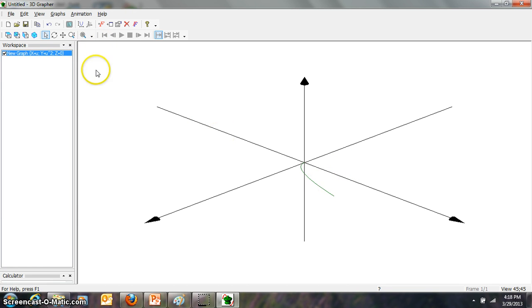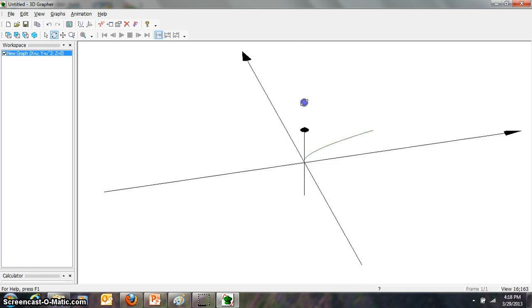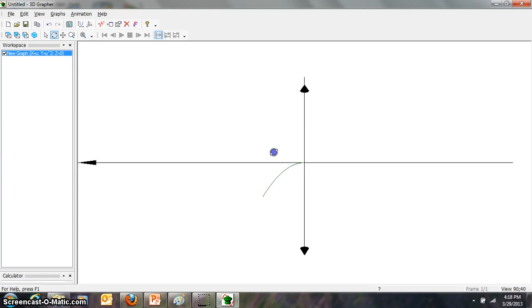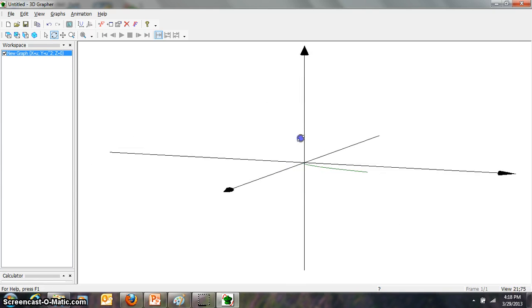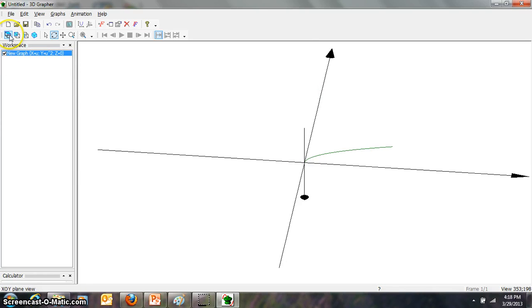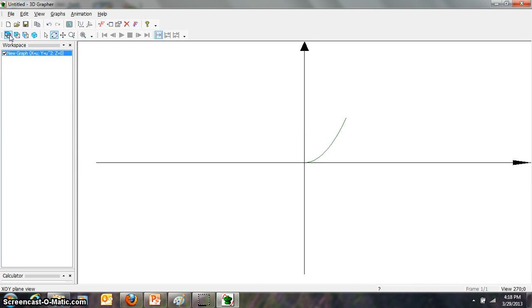To get a better visual, you can rotate your graph like so. Also, if you click here, you'll see the XY plane, the XZ plane, and this will be the YZ plane.